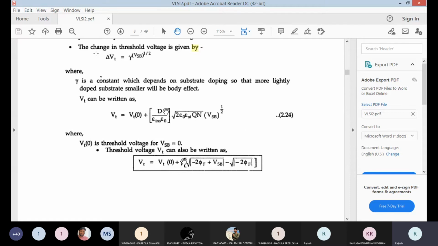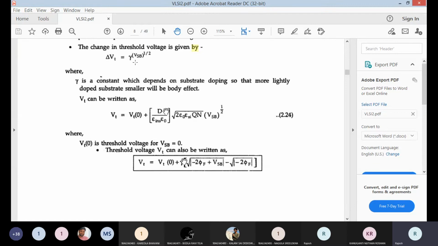So that's why the threshold voltage is not only VT, it is somewhat more when you apply the substrate bias voltage. It is given by the final equation, obtained by doing some analysis.